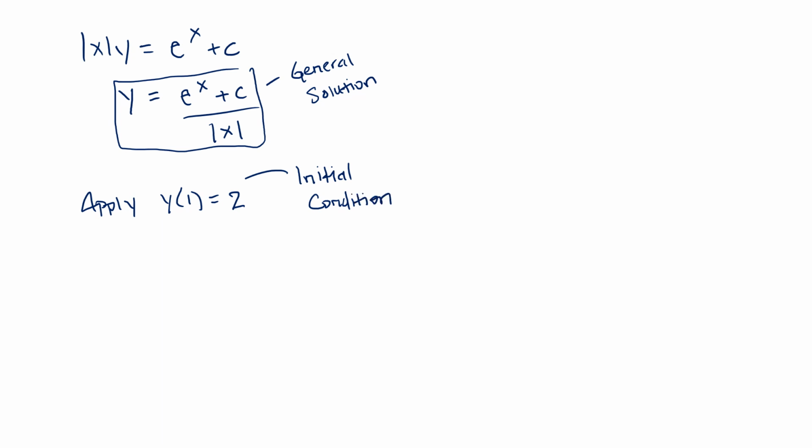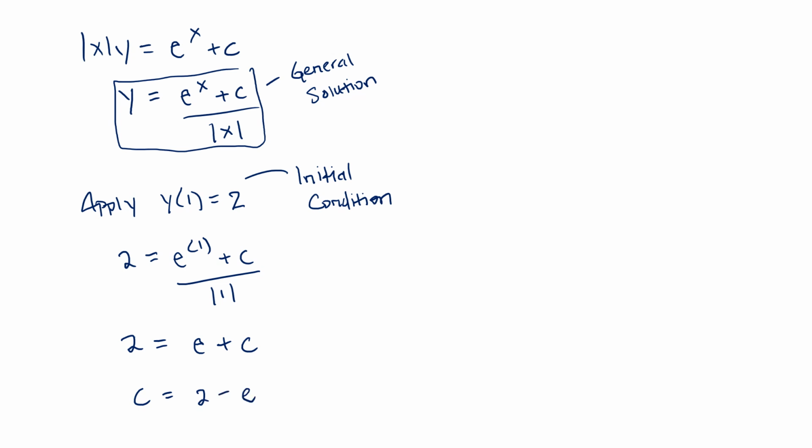Okay, so substituting this into our general solution, we have 2 equals e to the power 1 plus c over the absolute value of 1. So this simplifies to e plus c. So then c equals 2 minus e.